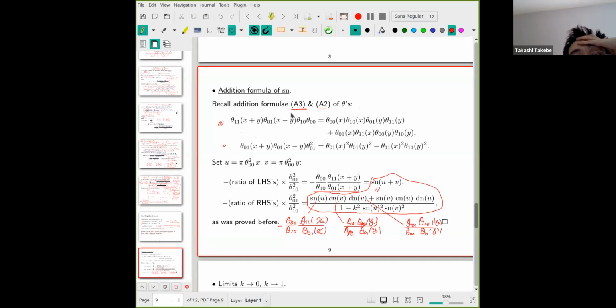So one is this, and the other is this. So the ratio of them, for example, theta 1 cancels, and from here comes this expression.